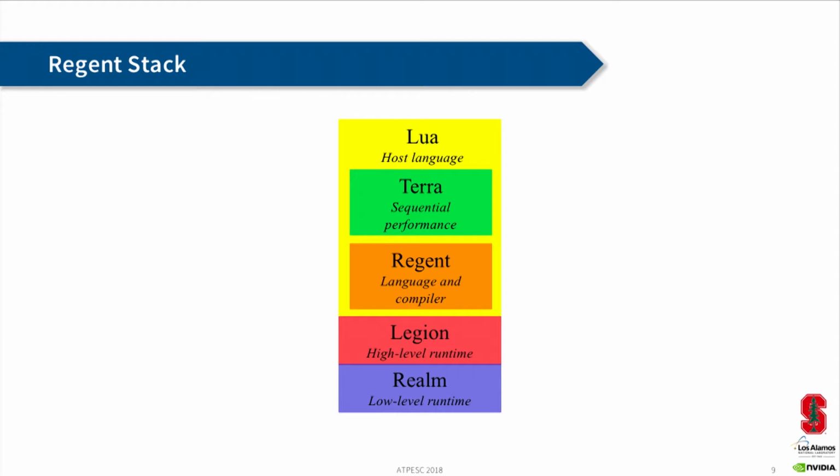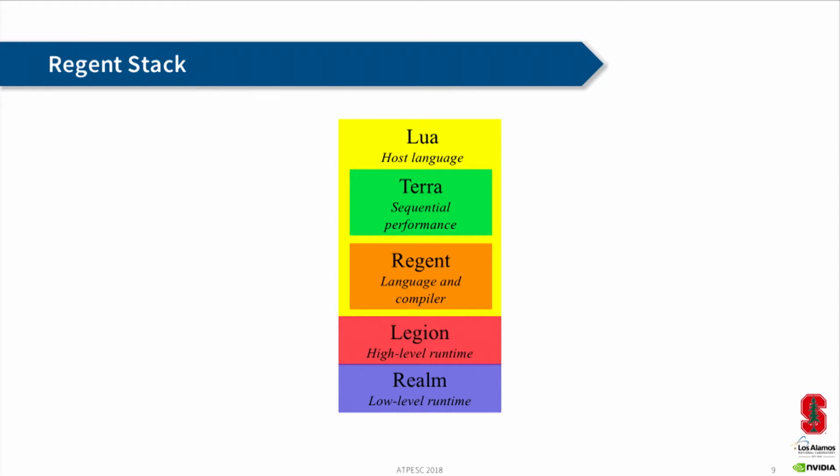Legion takes a program written in the Legion program model and translates it into a distributed task graph at runtime. Legion does all the dependency analysis, all the mapping of tasks, and finally generates an efficient representation for executing on the distributed hardware. And on top of it, we have Regent, the programming language.